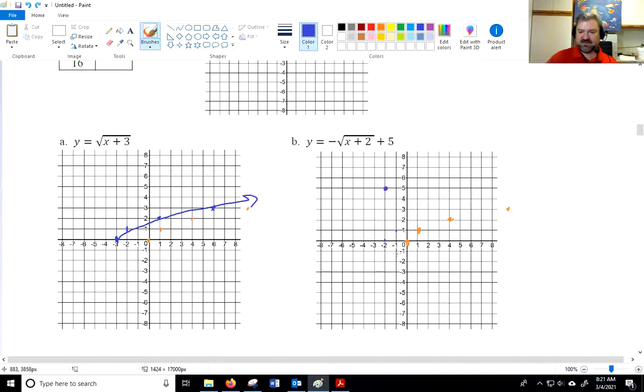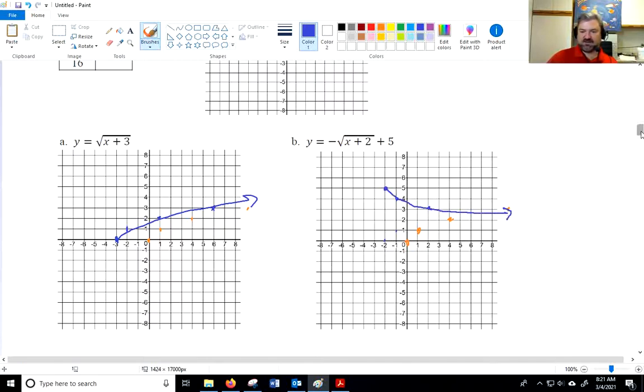Make it negative, so now it's a negative 1 instead of a positive 1, because I multiplied by a negative, and then add 5. 1, 2, 3, 4, 5. Again, move 2 to the left, multiply by a negative 1 brings down negative 2, and add 5. 1, 2, 3, 4, 5. And we get this shape here.